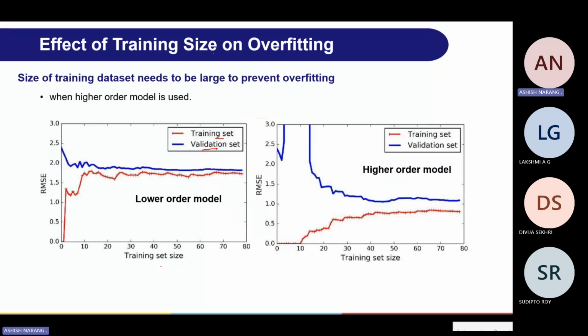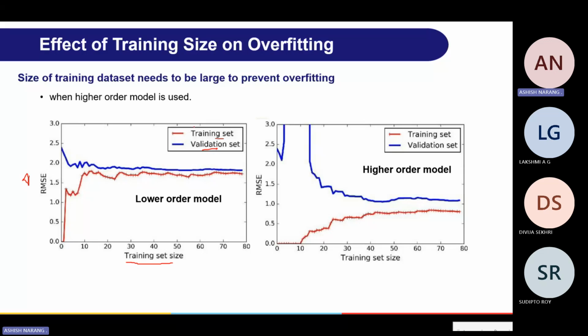You are increasing the training set size on this side, and this is RMSE, root mean square error. When the training examples are small, you see the root mean square error is high, right? Then the moment it has come to 10, you see it decreasing, then increasing and decreasing, and so on.